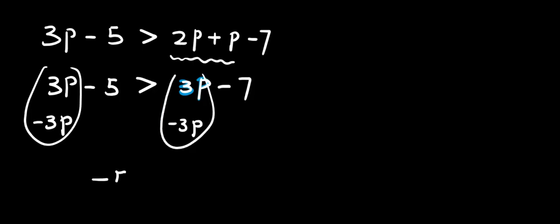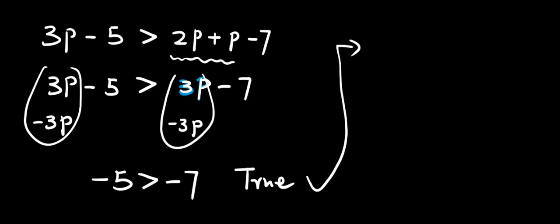Then you have negative 5 is greater than negative 7. Is negative 5 greater than negative 7? Yes, it is true. It is true at all times. Therefore, how do we write the solution to this question? We say the solution to this question is all real numbers.